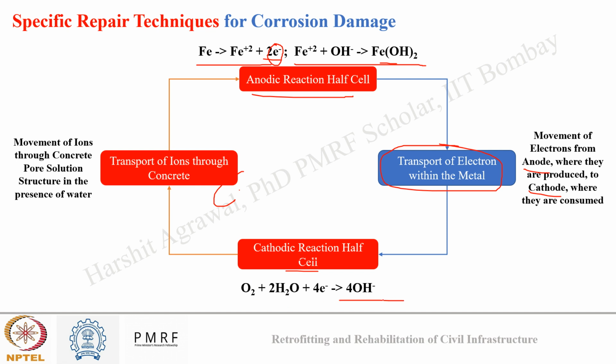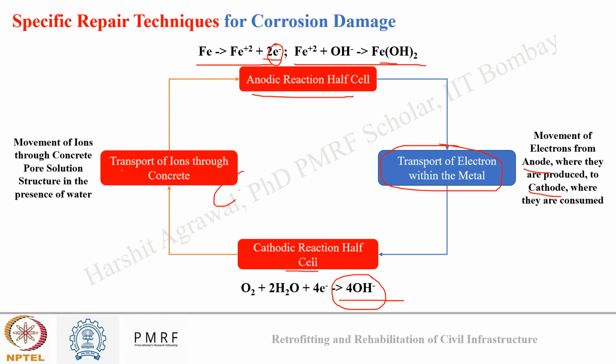Now since these two reactions are occurring at the metal surface only, the electron transfer will occur within the metal only from anodic side to cathodic side, and these ions that are generated on the cathodic side, they will move from one place to another through the concrete medium, where the fluid filled pore matrix will act as an electrolyte for ion transport.